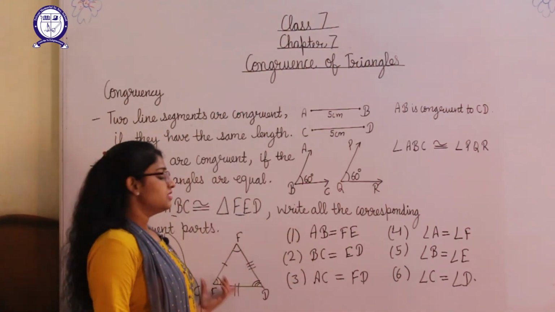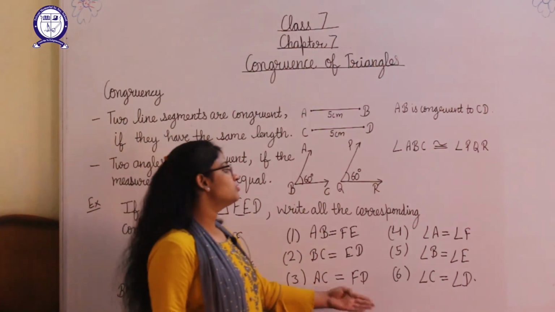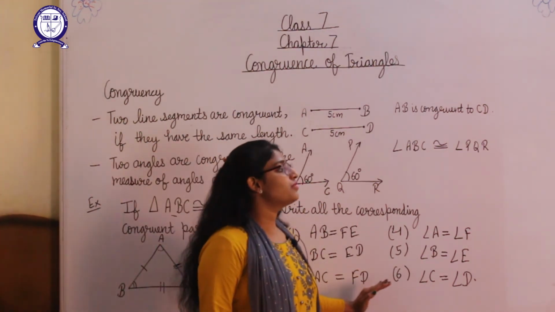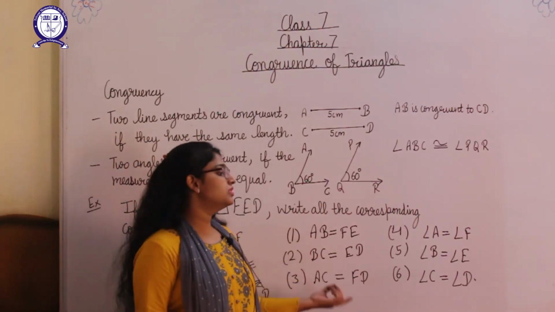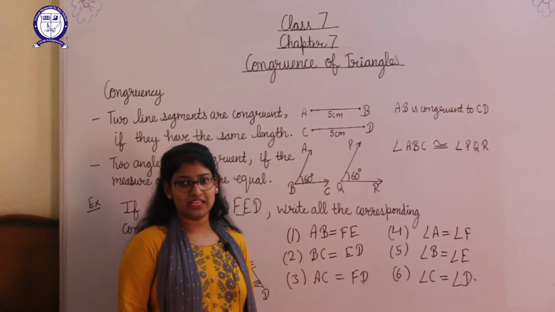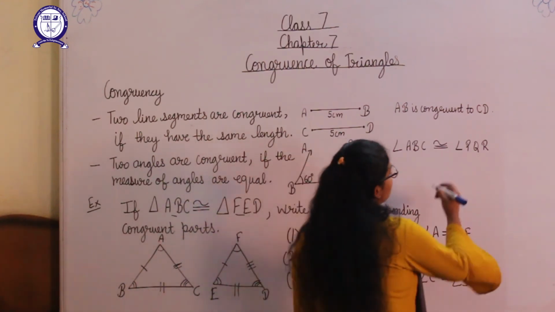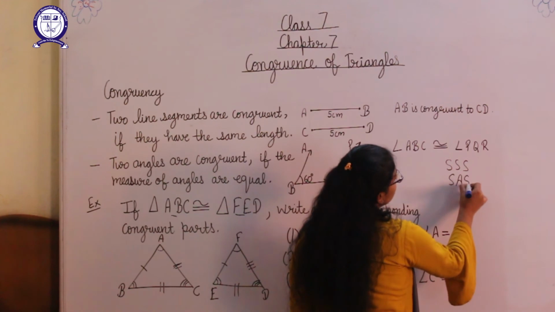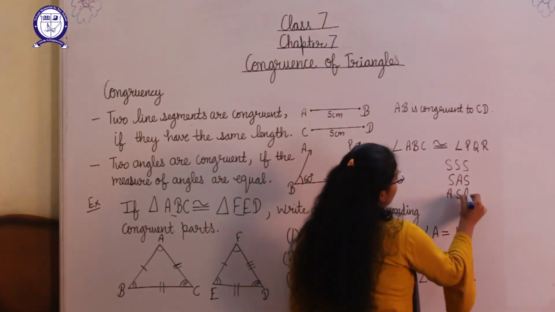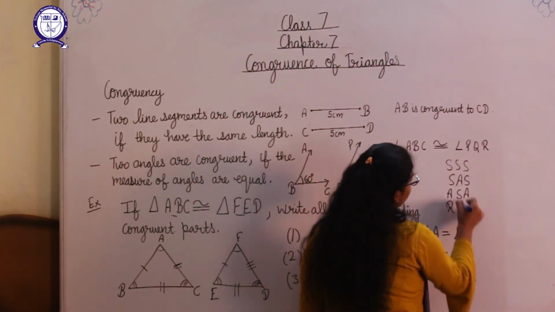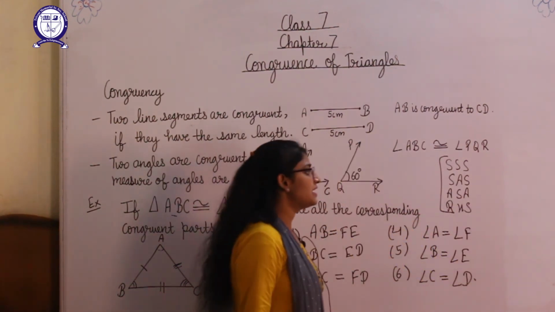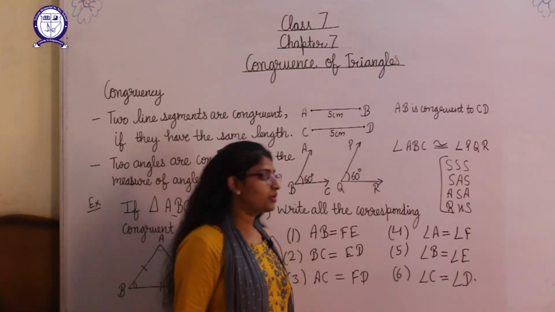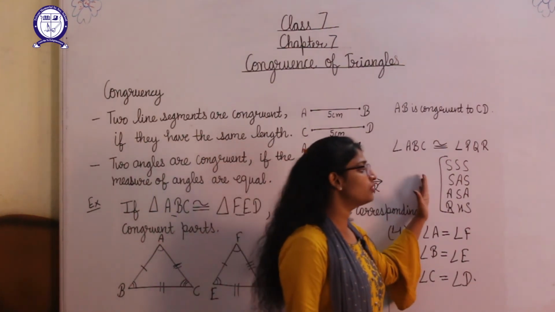For proving congruency, we can use any 3 of them, and we will see how to use those 3 parts through the criteria. There are the properties SSS, SAS, ASA and RHS. These are the 4 properties which we will discuss in our next class, so that we can prove our given triangles to be congruent to each other by these 4 criteria.